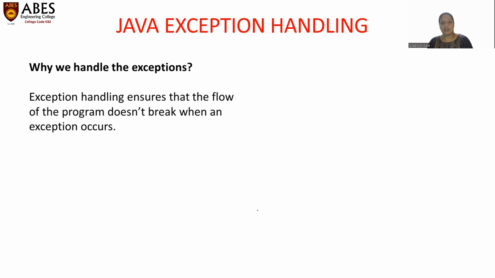Before we understand why we handle the exception, we need to understand why an exception occurs. There are a number of reasons. Some of them are poor network connection. If we have a poor network connection, that can cause an exception.